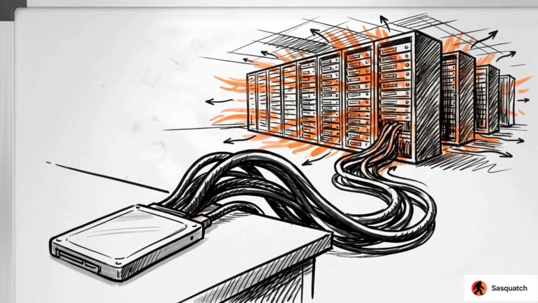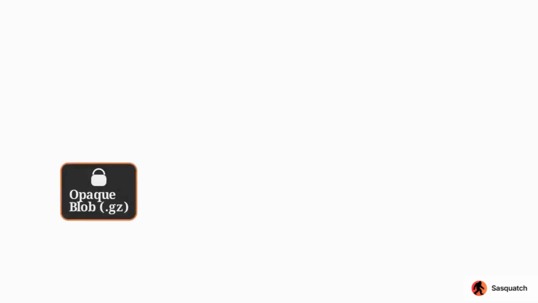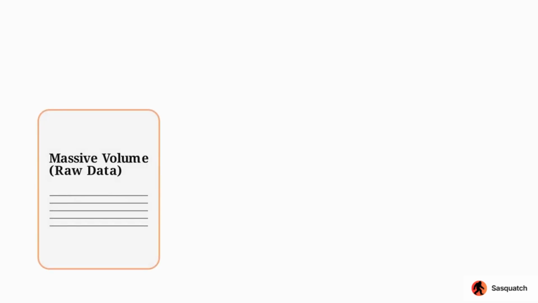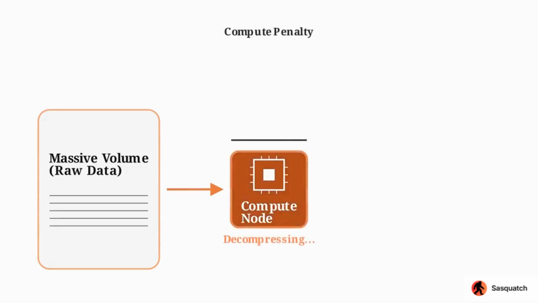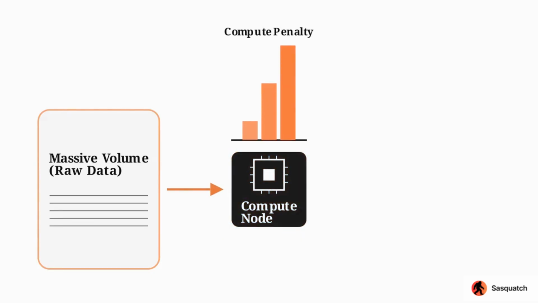However, treating compression purely as a storage solution creates a massive hidden compute penalty when you actually need to use the data. Because generic compression renders data completely unreadable, you cannot query it directly. Executing a search against an archive triggers a massive volume spike, forcing your system to reinflate gigabytes through an expensive compute node, and it rarely stops there.